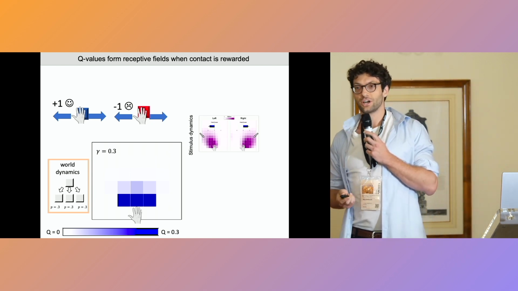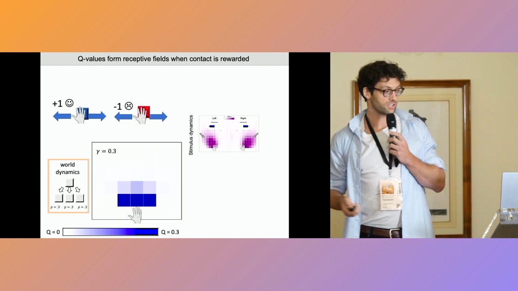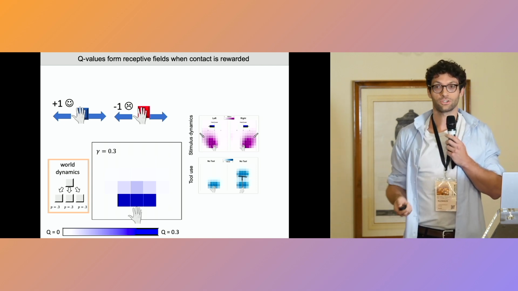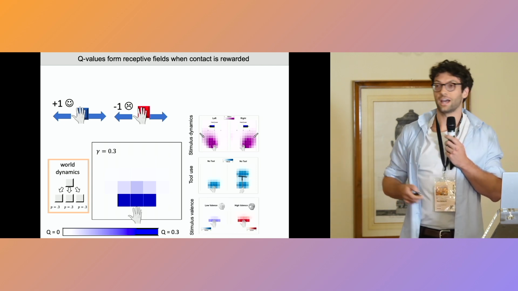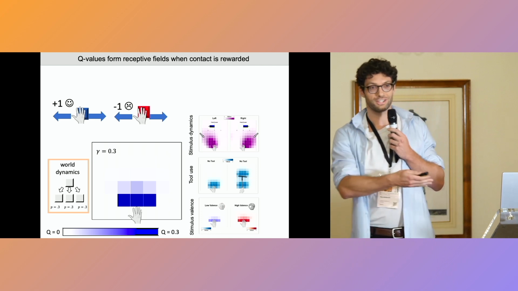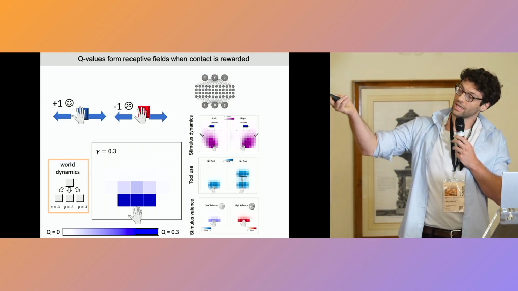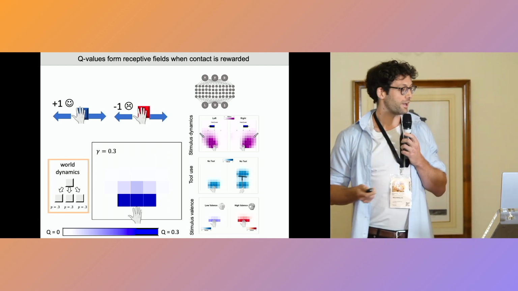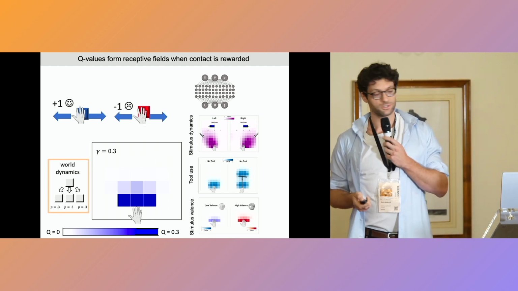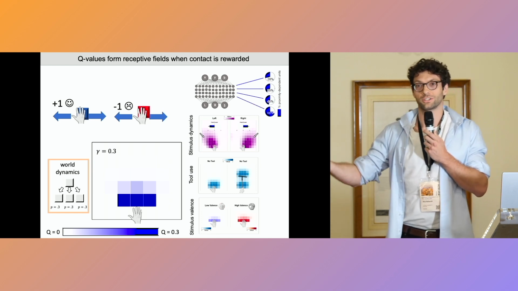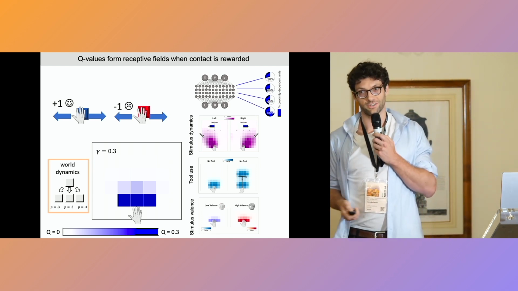As you might expect, these receptive fields are dependent on stimulus direction, and expand in the direction of stimulus. They can be shown to remap during tool use, and they of course depend on valence, given that it's reinforcement learning. And when we get to a neural network model approximating these value maps, we can see that as a function of layer depth, you get more and more body part centered response fields, which is what you expect.